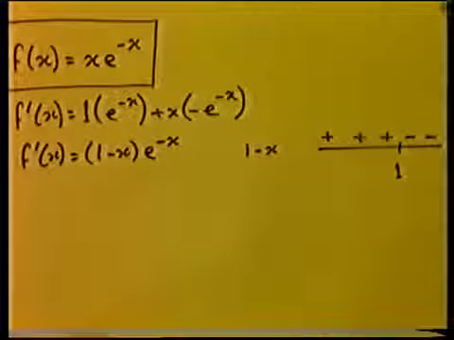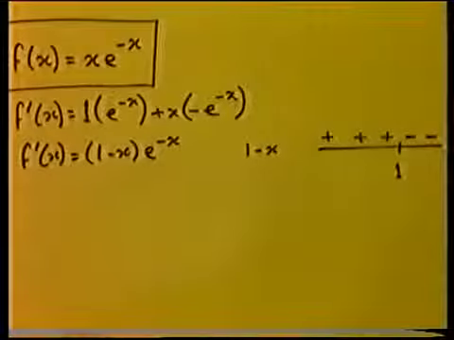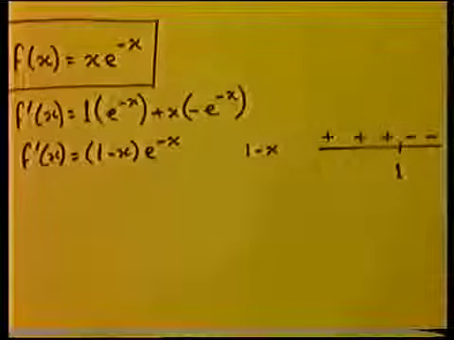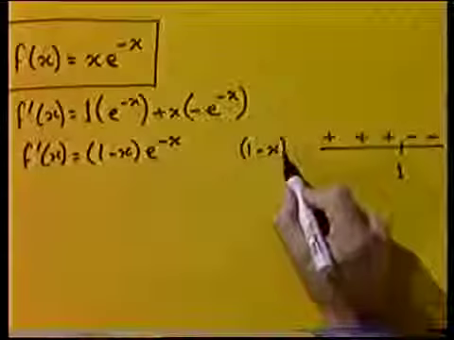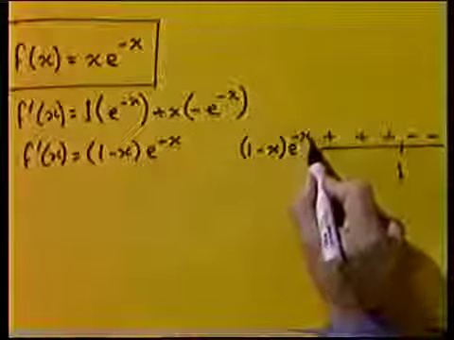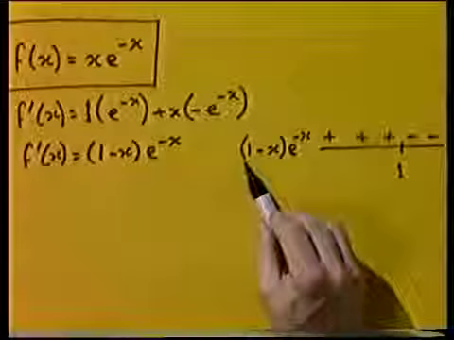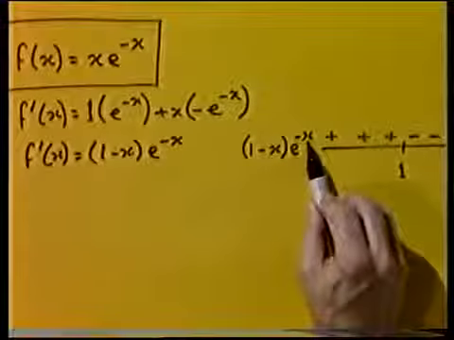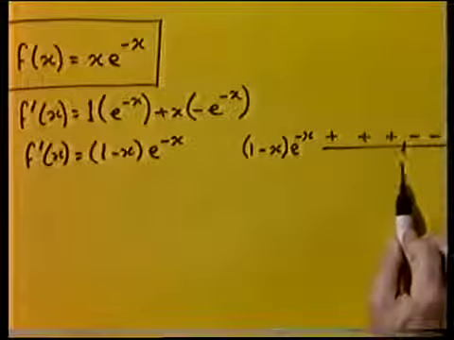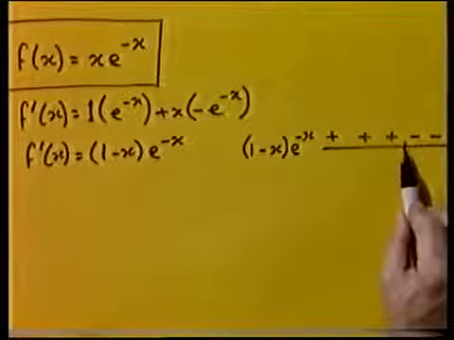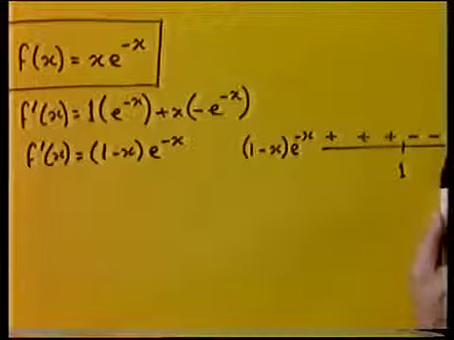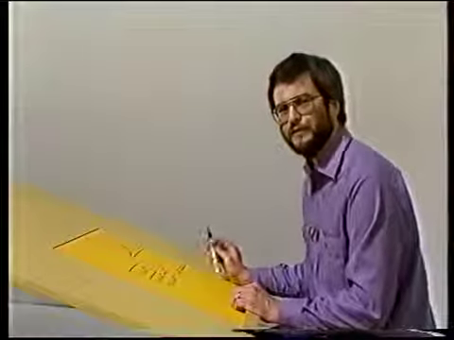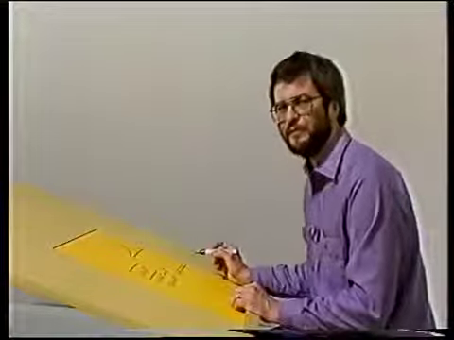But you've already seen that e to the minus x is positive no matter what the value of x. So combining these two, we get the sign diagram for f prime. 1 minus x times e to the minus x will be positive here up to x equals 1, and negative if x is greater than 1. Right, so now we've got some information about f prime.